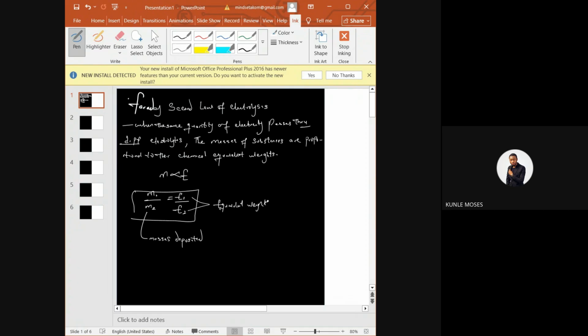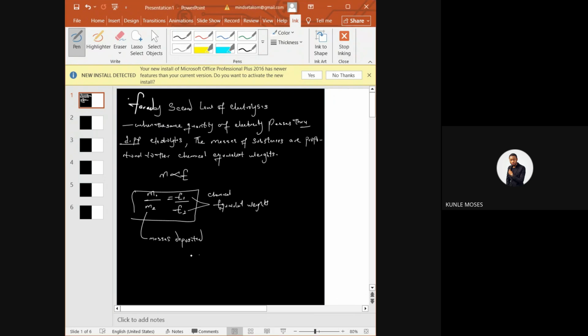Now, another thing you need to understand after this mathematical illustration of the Faraday second law of electrolysis is that the chemical equivalent weight has its own formula. Sometimes they don't give you the chemical equivalent weight. They can give another thing, and they expect you to use the parameters you are given to find your chemical equivalent weight.